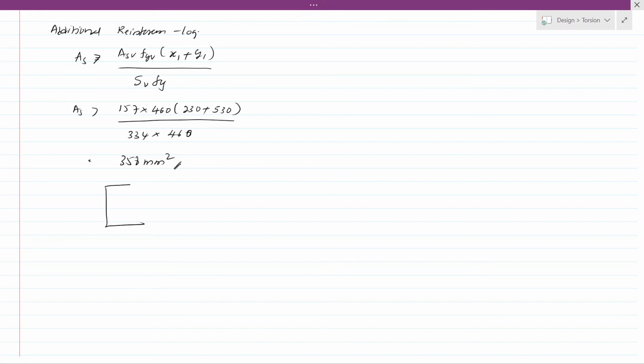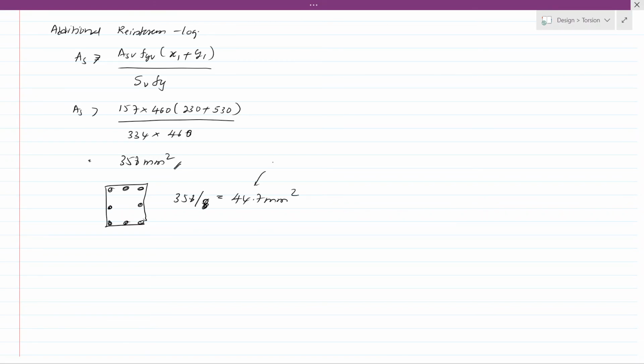So this total area has to be provided in the section. For a 300 wide beam we can provide 3 bars at the top, and in the middle we can provide 2 bars. So longitudinally we might have 3 bars and at the side we might have 3 bars. So we can divide this into 8 bars, then add the relevant area to the longitudinal reinforcement and provide side bars. 358 divided by 8 equals 44.7 millimeter square.